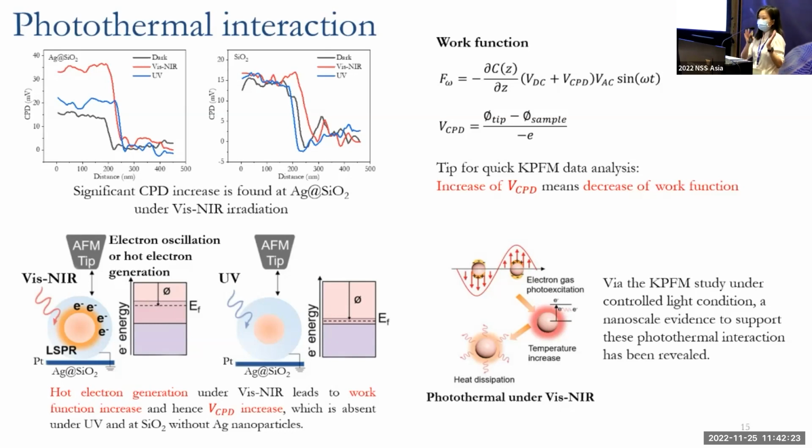And now the work function decrease means the CPD increases, which agrees with our KPFM result. So via this study, we can provide nanoscale evidence to support these photothermal interactions between the visible light and the silver nanoparticles.